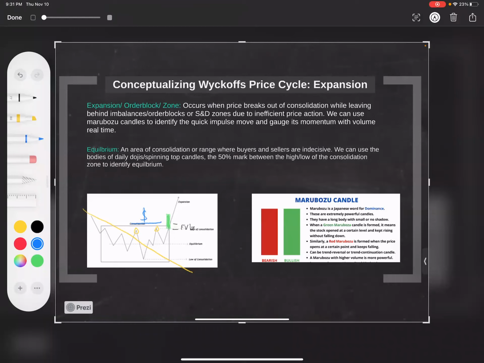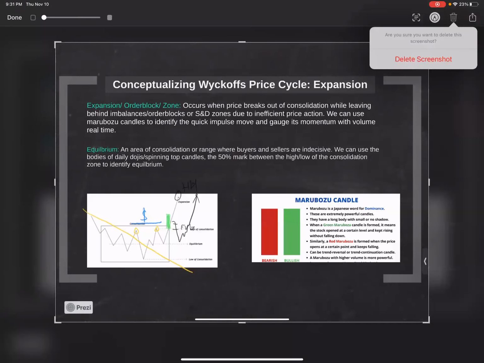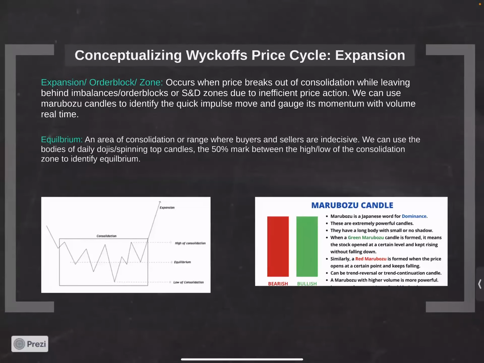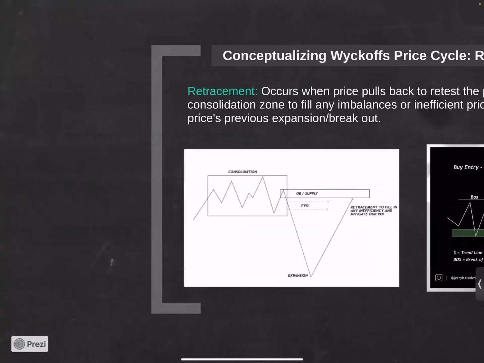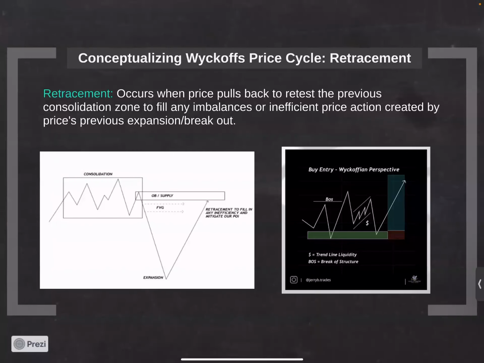Once price targets this liquidity, takes it out, that's when I'm waiting for a pullback into the discounted levels before looking for the next higher high or higher low if the structure is bullish. Same thing if it's bearish, which is what we'll be talking about during the retracement slide.